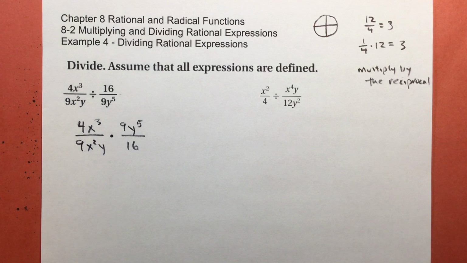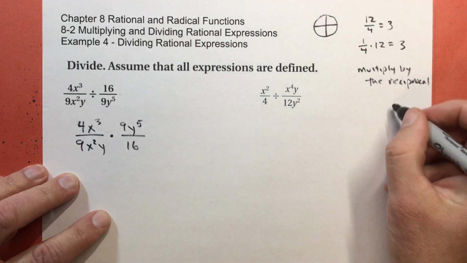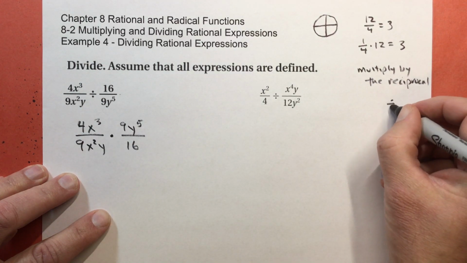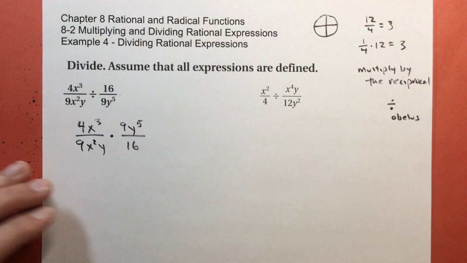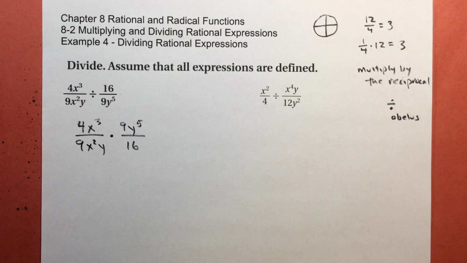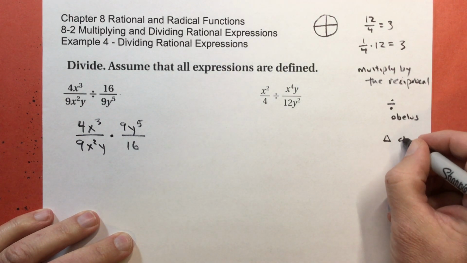Okay, I need to say one thing too, by the way, before I forget it. This thing right here is called an obelisk. I believe it's spelled that way. There's a governing body that sets the parameters for how mathematicians, engineers, scientists describe things. For example, this symbol right here, the Greek letter delta, means change.